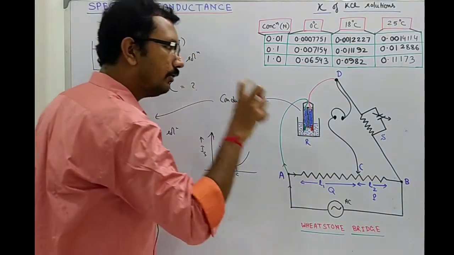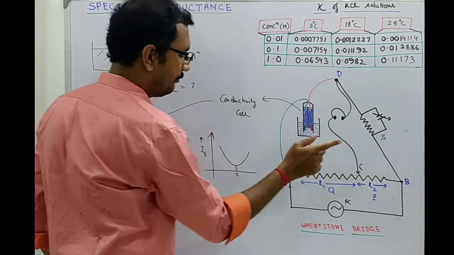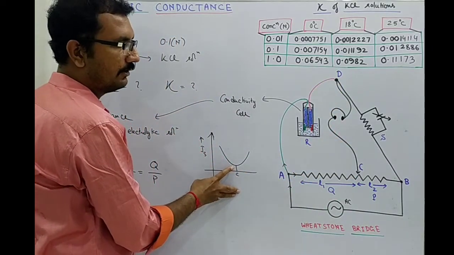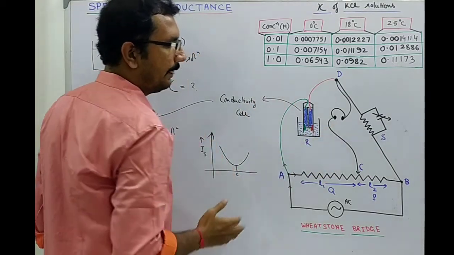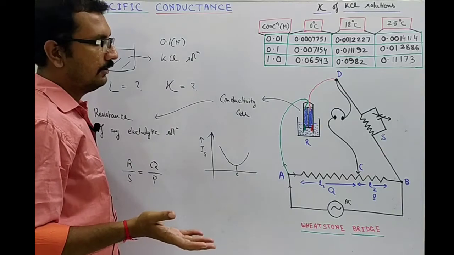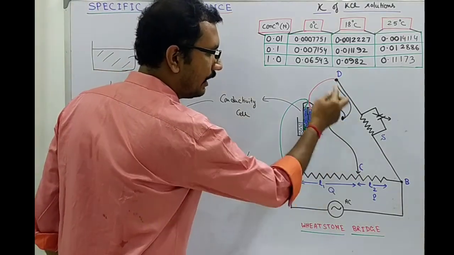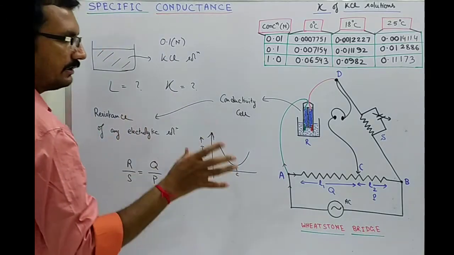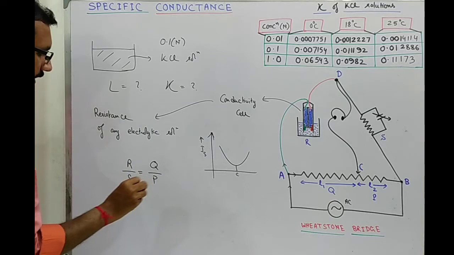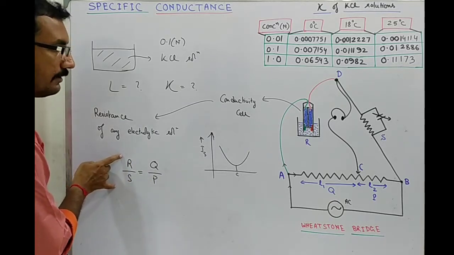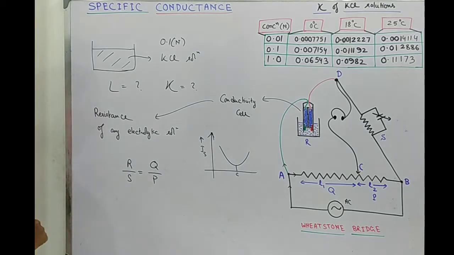So, there will be no potential difference in this arm CD. That will produce the minimum amount of sound, and if you use a galvanometer instead of an earphone, that will show 0 deflection. So, when there is no current flow within this DC arm, it guarantees that the balanced condition has been achieved, and that balanced condition is R by S equals Q by P.